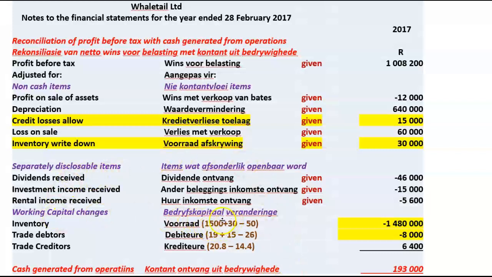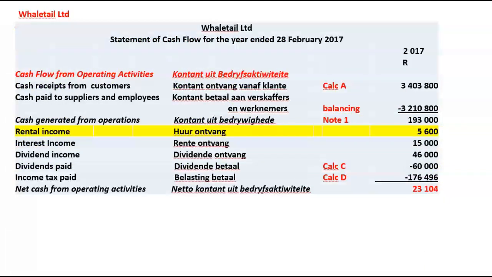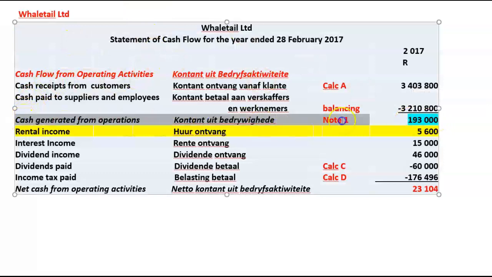So 1.5 million plus 30,000 less 50,000 give you an increase, which represents a cash outflow of 1480. Here's the trade debtors that we've spoken about, trade creditors, and here we get cash generated from operations 193,000. So guys, that 193,000 equals that amount there. Let's cut it there. Cash generated from operations, note number 1.